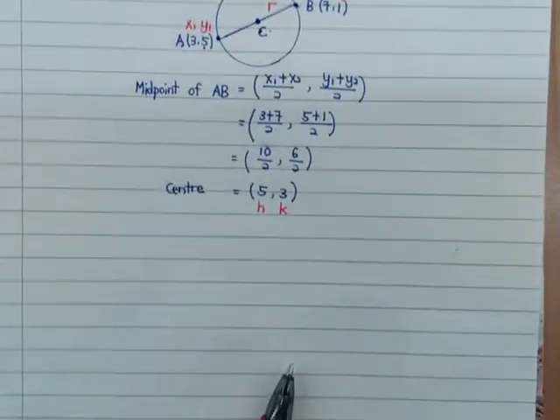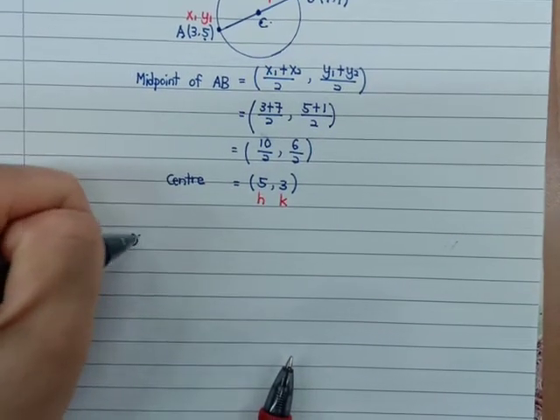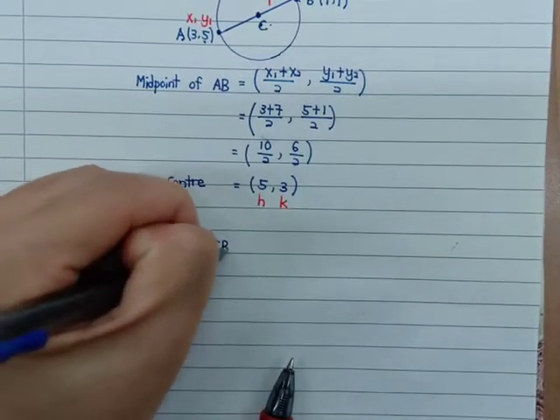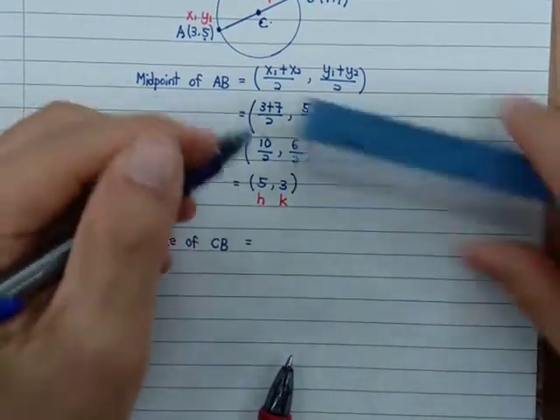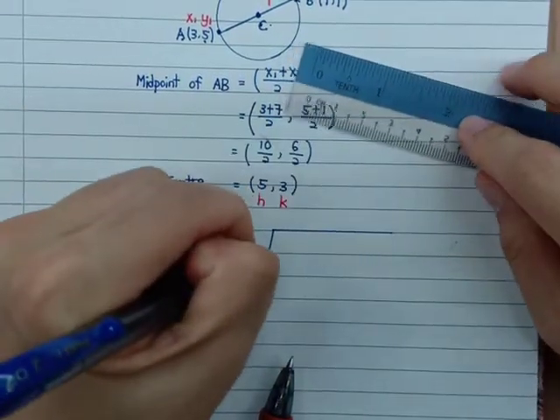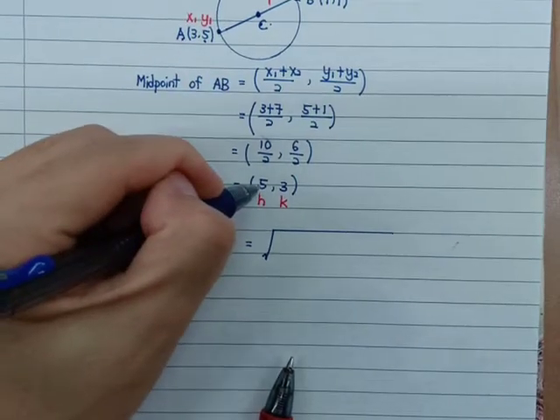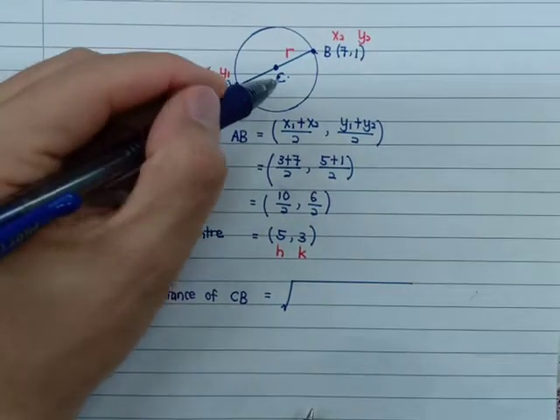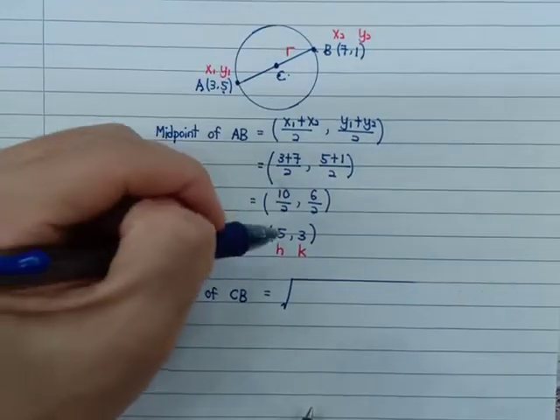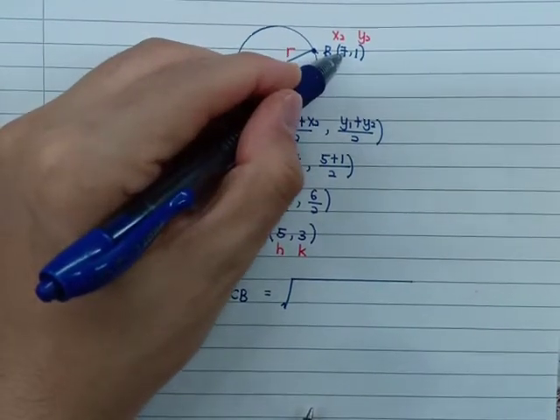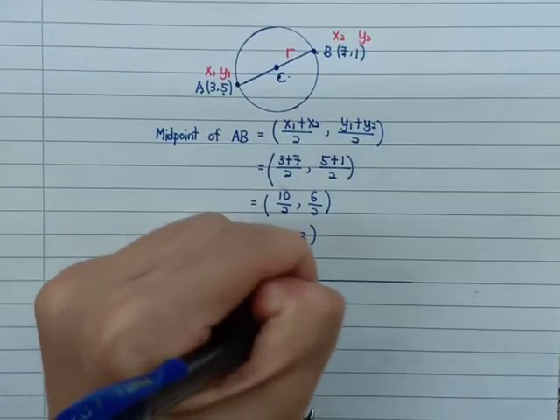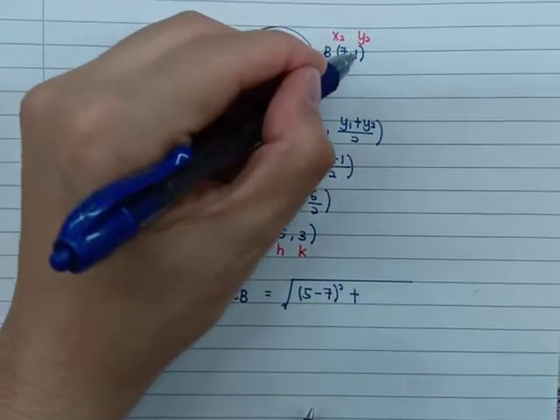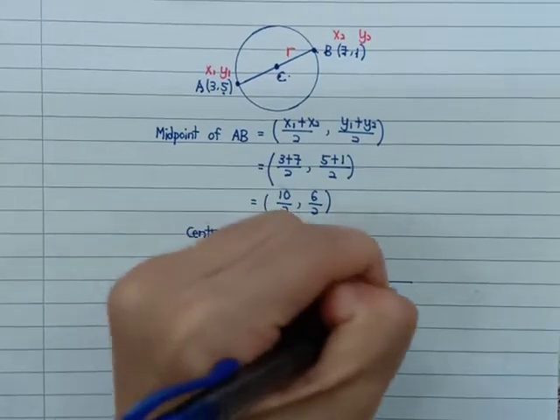So next, I will find the distance. The distance of CB will be equal to the square root of, now our center here is (5, 3), and I'm going to use C and B. So (5 minus 7) squared plus (3 minus 1) squared.